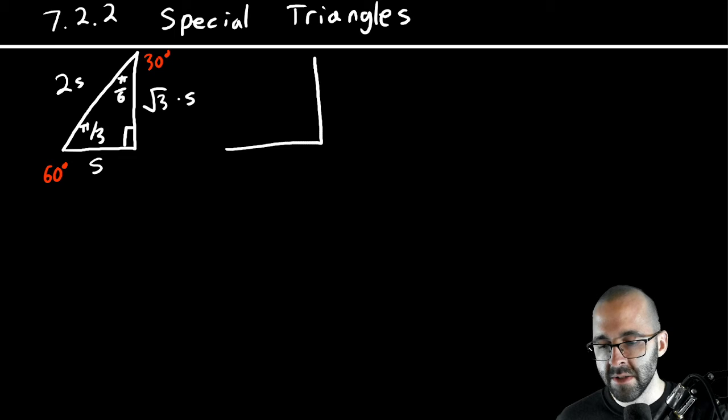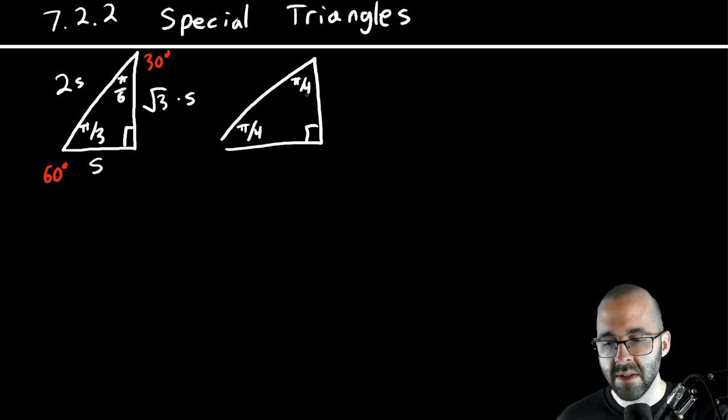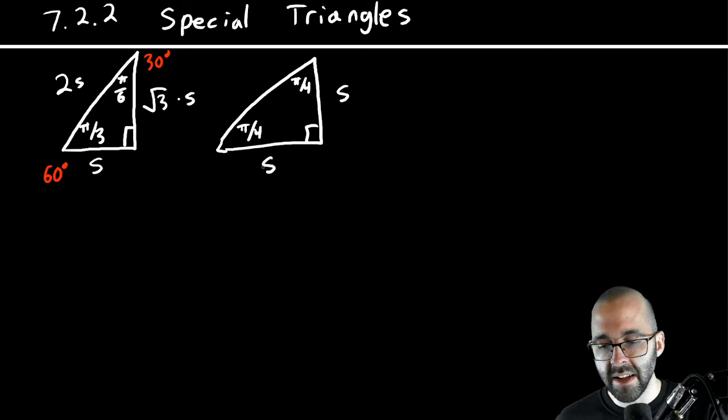The other special triangle is a 45, 45, 90 triangle with angles of pi over 4. It's an isosceles triangle, right? These angles are the same, so these sides have to always be the same. And whatever side length that is, the hypotenuse will be the square root of 2 times that side length.